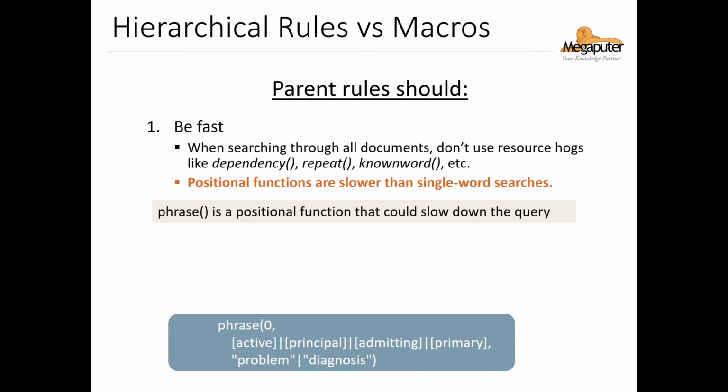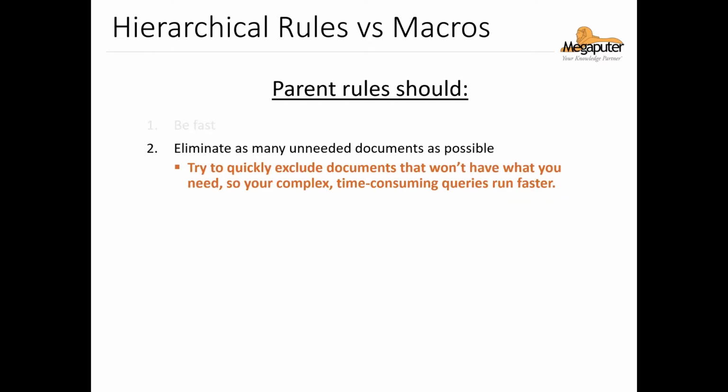So they should be looking for individual words. Phrase isn't too time-consuming versus dnode, for example. So if you want to use dnode, consider using maybe phrase first, and before phrase, individual words. But the point here is that parent rules should be focused on this really fast process.